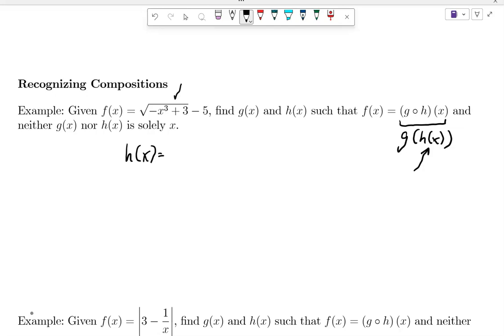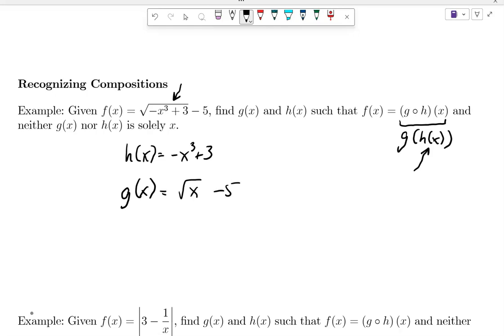You identify an inside and outside. What do you think you'll let h of x equal? Yeah, the negative x cubed plus 3. That inside, what's under the root, right? That's the inside. Then what do you think the g of x would be? Root x minus 5. Yeah.